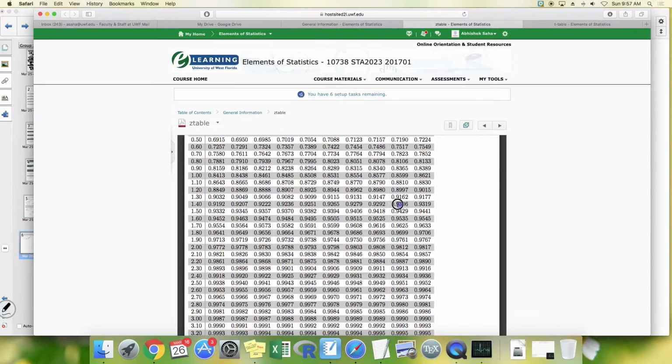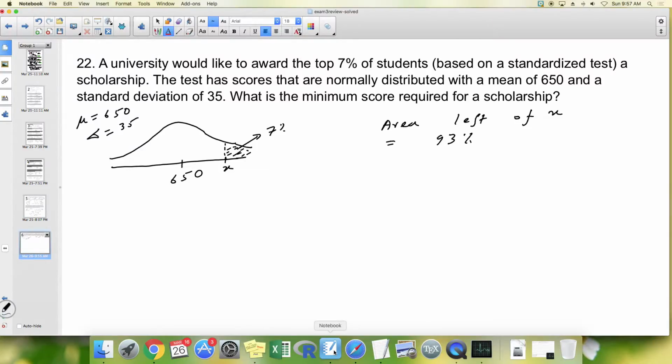Okay, so 0.93 lies between this number and this number. We can clearly see that. Let's write it down. 0.93 lies between 0.9306 and 0.9292.